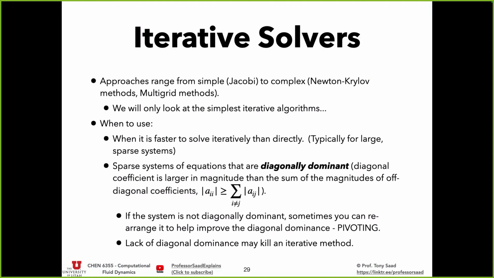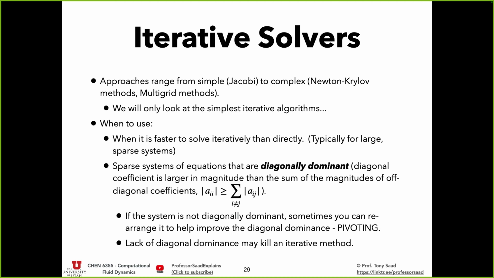Now the general iterative solver approaches range from simple methods like Jacobi, Gauss-Seidel, and successive over-relaxation, to some very complex stuff like Newton-Krylov methods and multigrid methods. We will touch upon those a little bit, at least the theory of those. We will only look, though, at the simplest iterative algorithms.